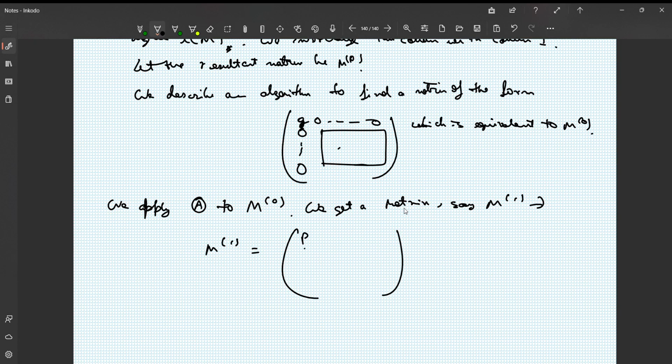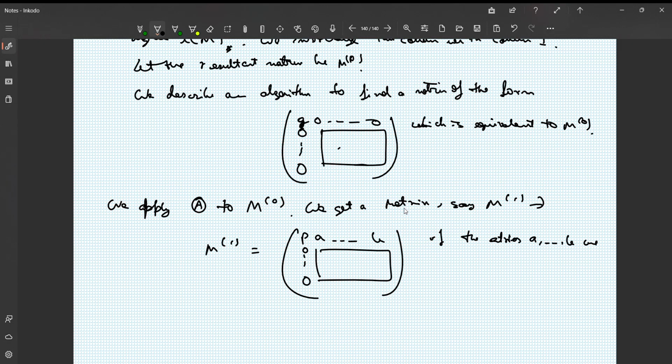We get a matrix, say M1, such that M1 has the form: some polynomial p, all the other entries in the first column are 0, and the rows we are not concerned with yet, right? Clear?